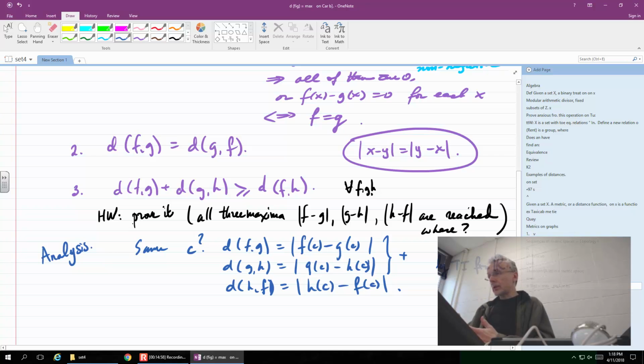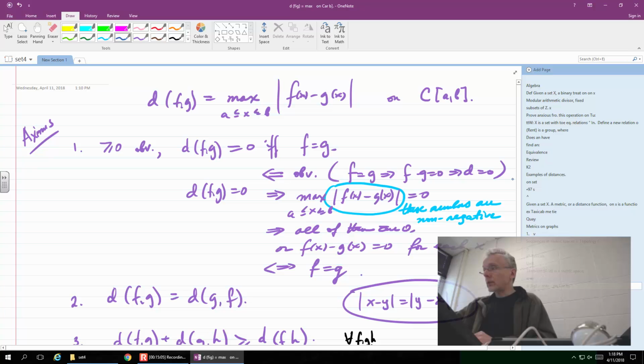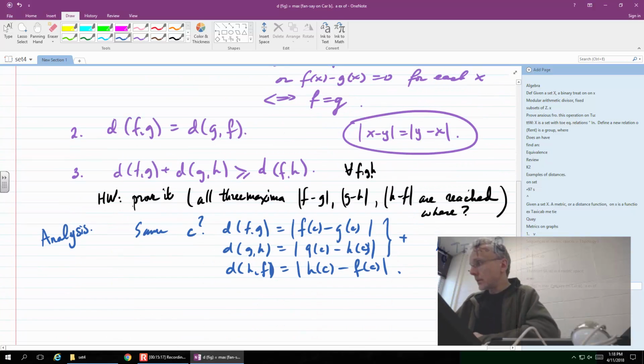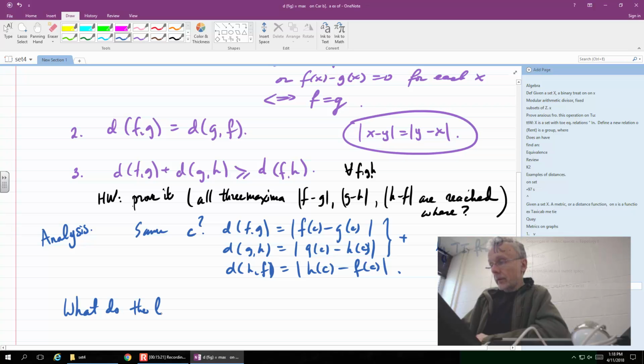But let's take this one step beyond and see what the geometry or topology of this space looks like, and the only thing for us to worry about is what the balls look like. So what do the balls of this space, C of A, B, look like?